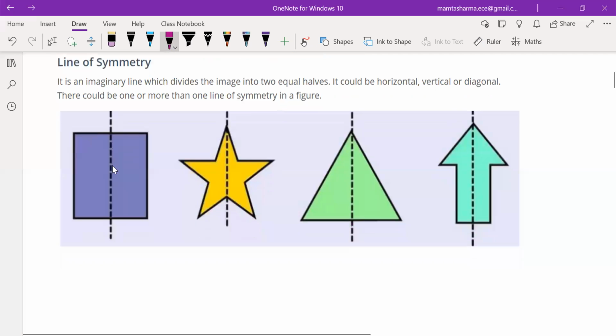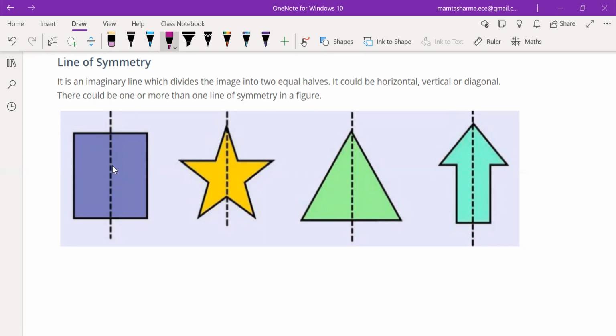Now we can see an example. See, if there is a square shape. Is this a square or rectangle? It looks like a rectangle, right? Yes, this is a rectangle shape. How would you divide this rectangle into two equal halves?